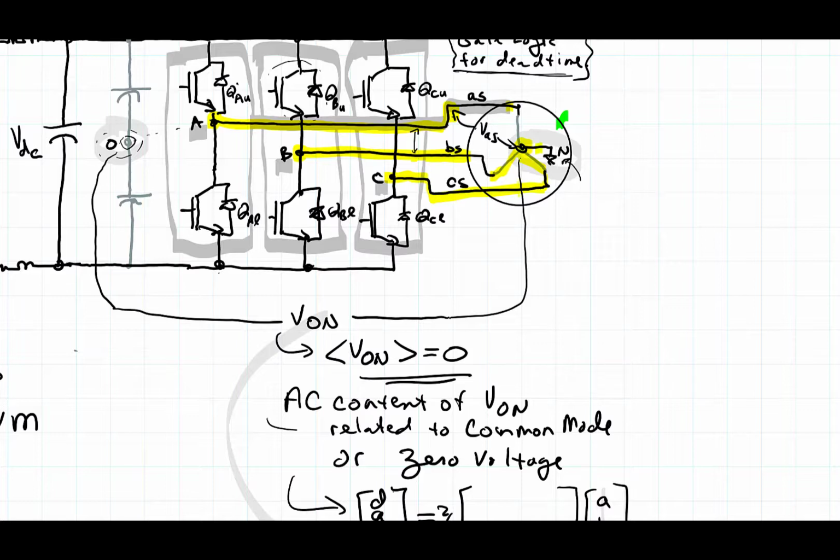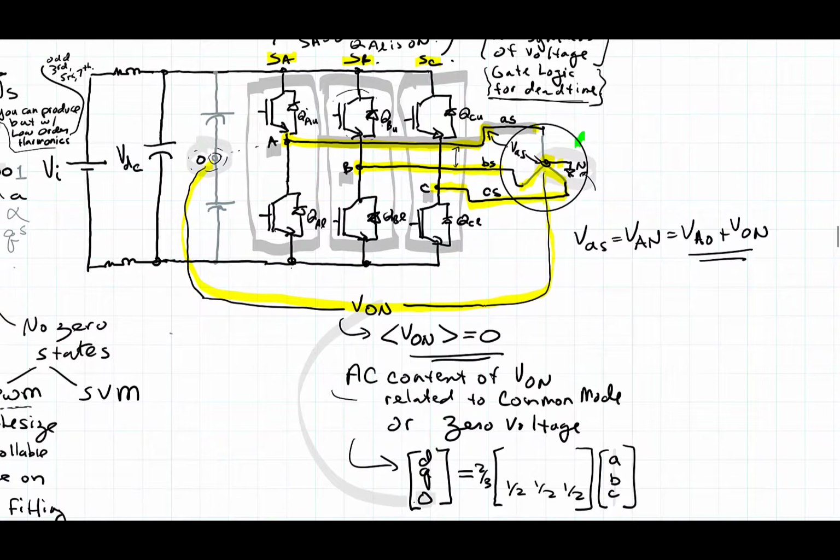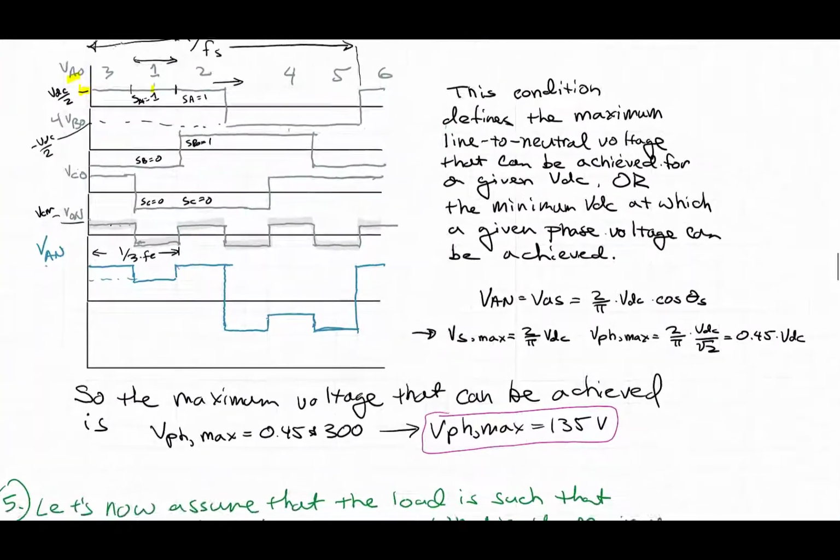So then from the neutral back to the zero, because this is what we're synthesizing by switching back and forth between plus and minus VDC over 2, we have this. And so the VAS is the voltage from A to neutral, which is the same as saying the voltage from A to 0 plus the voltage from 0 to N. So we were just adding them up. So if we look at that here, that's what we're doing.